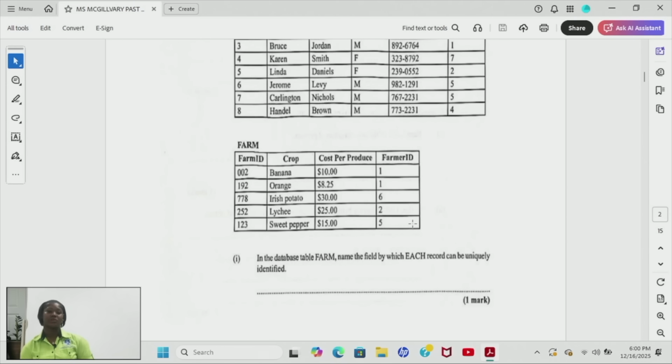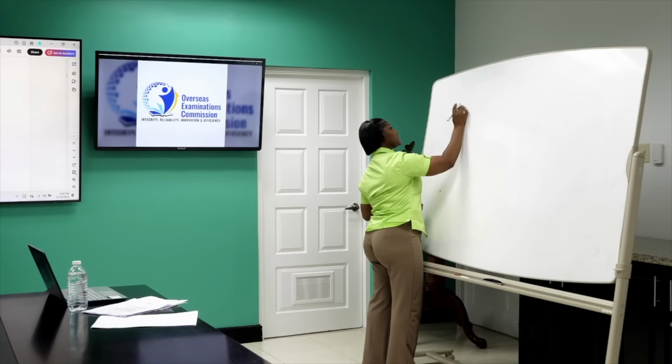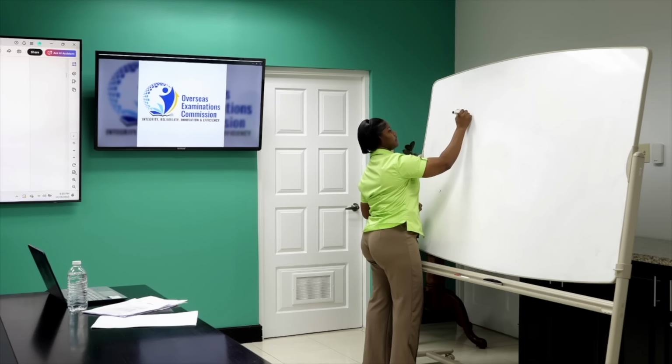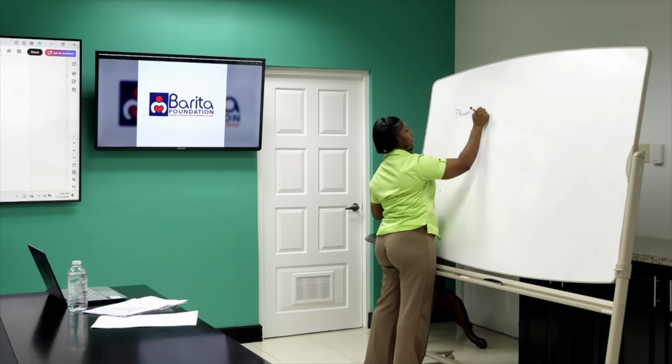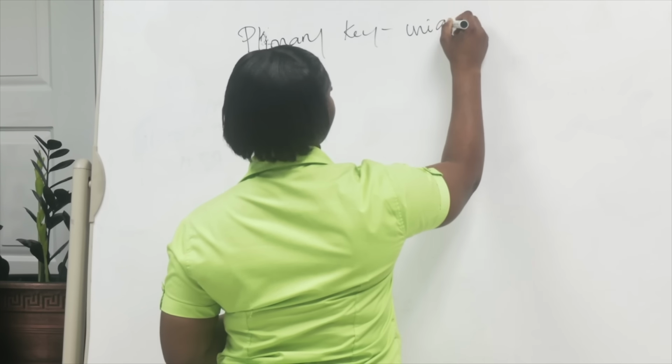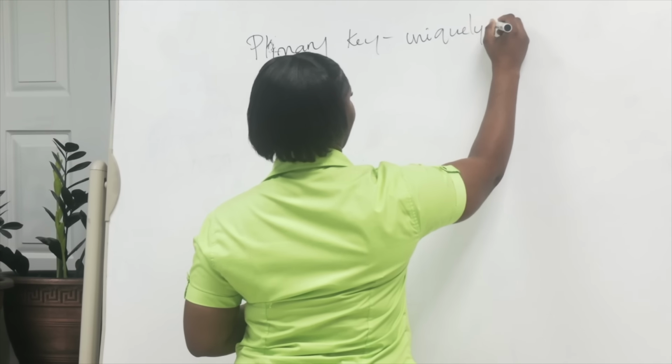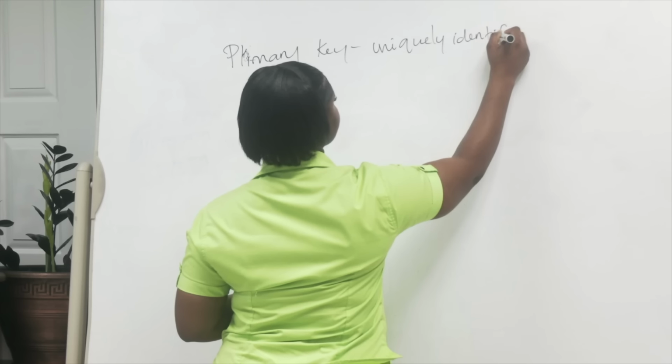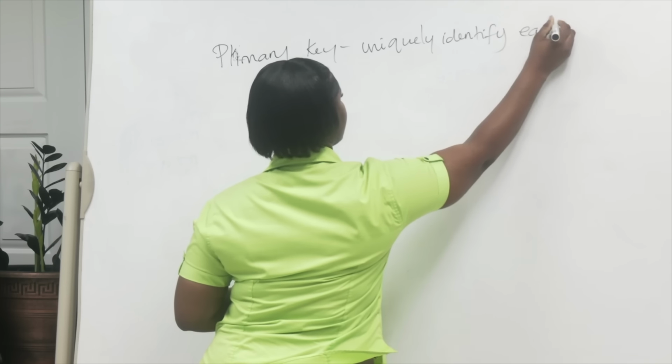And this is referring to the primary key. So we know that your primary key is a key that we can use to uniquely identify each record.